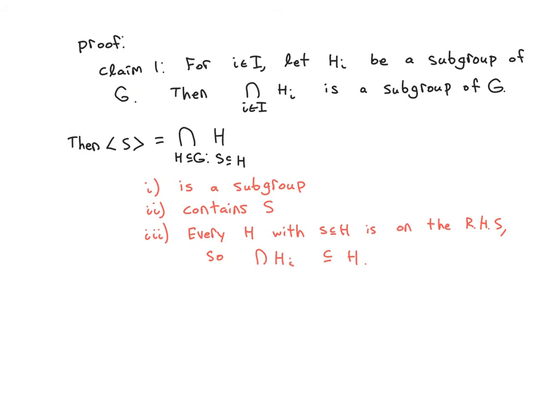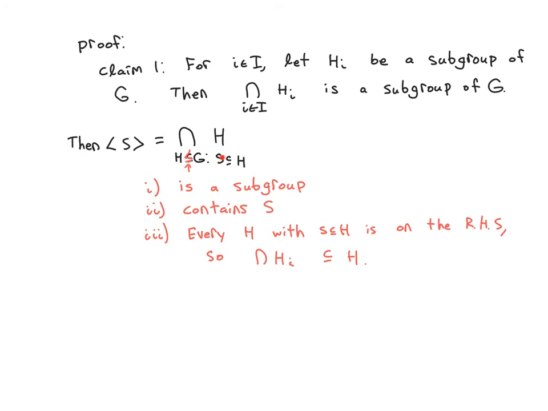So why do subgroups generated by a subset exist in general? Well, you define them to be this crazy intersection. It's the intersection over all subgroups H of G with the property that S is a subset of H. So I should be careful here that sometimes we use this notation for subgroup. And so by this previous claim, this set here is in fact a subgroup.